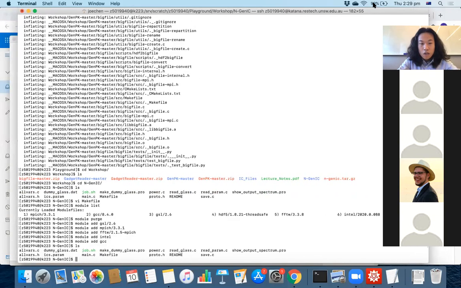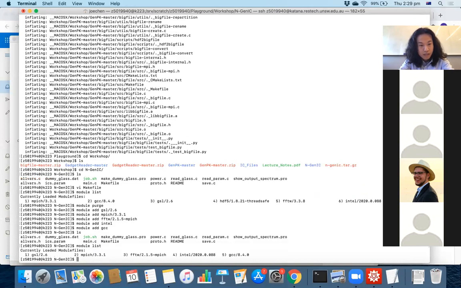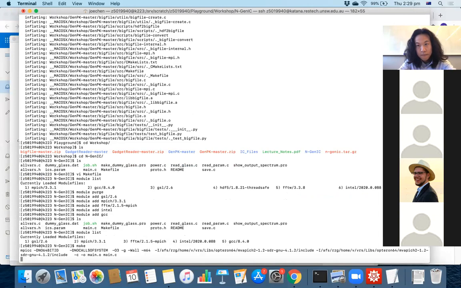That's all the modules you need. On Katana you can check what modules are loaded with module list, and make sure you have the right versions of FFTW. If you have the makefile configured properly, then all you have to do now is make.